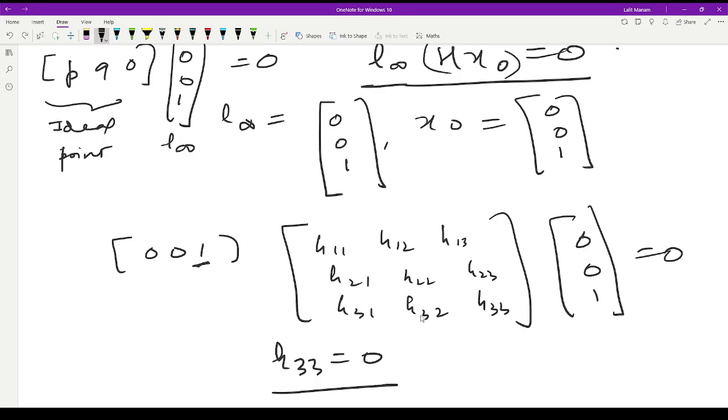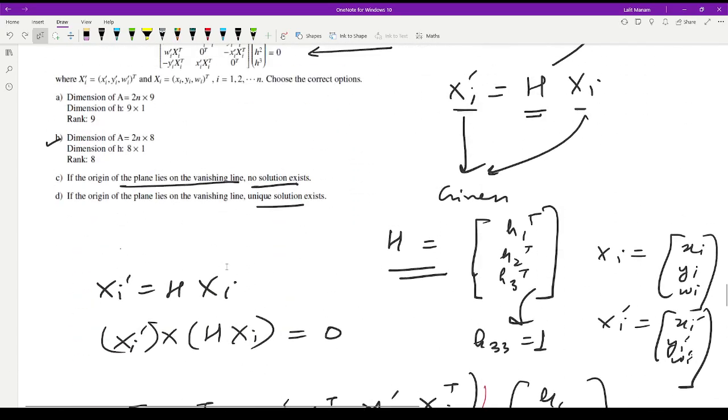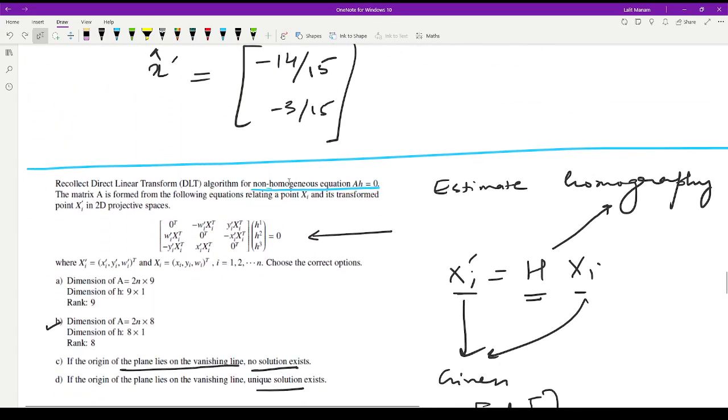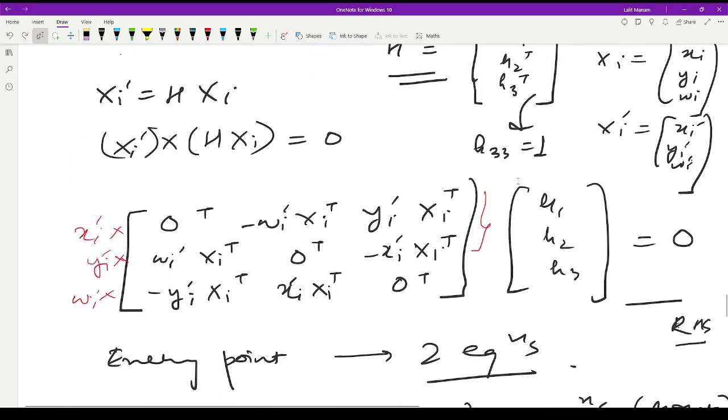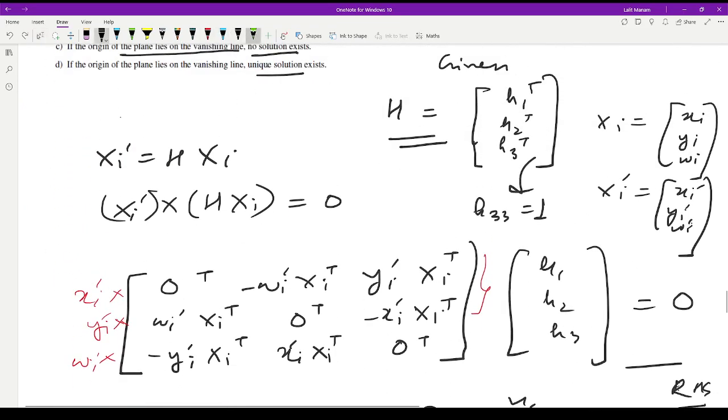Why? Because at least one equation should be non-zero. No, not that way. We assumed something in this homogeneous, non-homogeneous equation, right? What did we assume? This is our assumption, if you remember, that we fix the last element as 1.